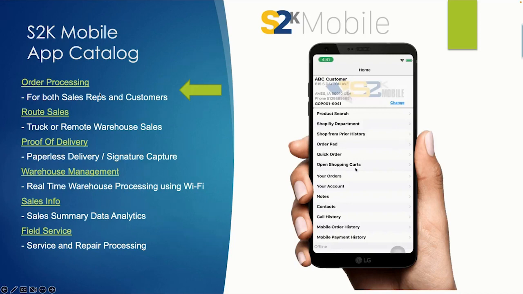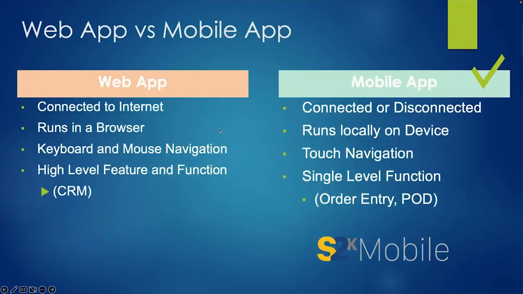These are all native mobile apps, right? So they're not web-based. They're actual, physical apps that are natively built, and they can run on both iOS or Android. So back to the topic today. Just to highlight the differences between a web app and a mobile app: you'll see a lot of other companies or vendors say they have mobile applications, but really they're just web apps.